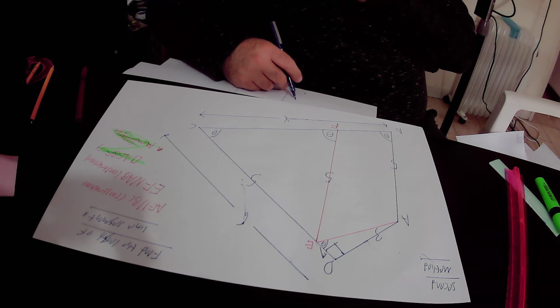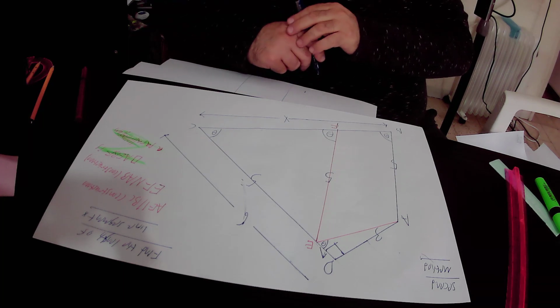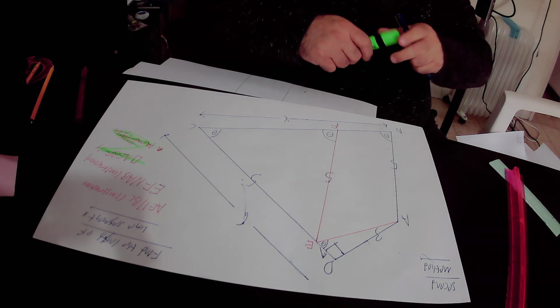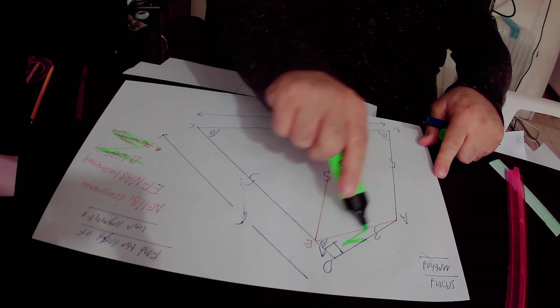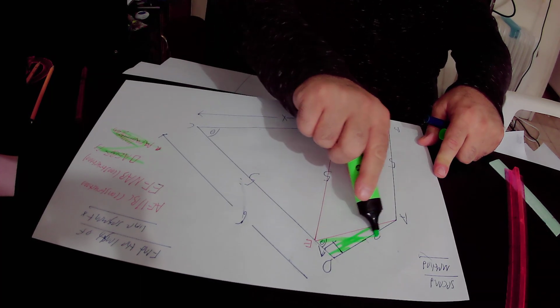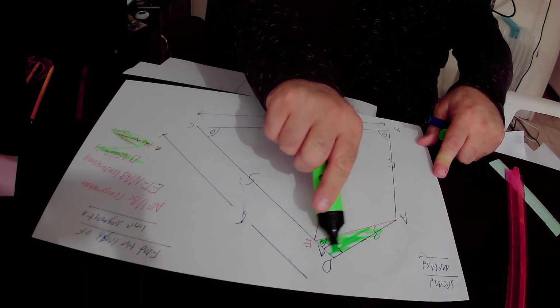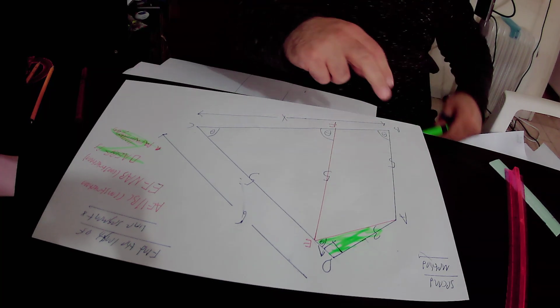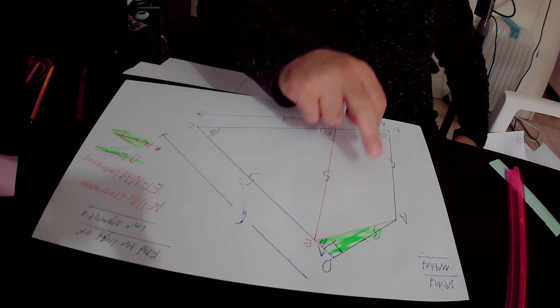So in the right triangle ADE, this right green triangle ADE, we can implement the Pythagoras theorem in order to find the length of the hypotenuse AE.